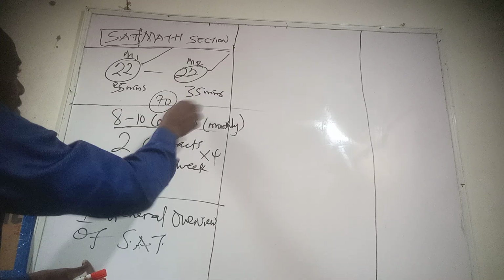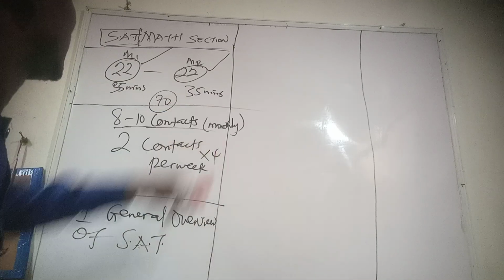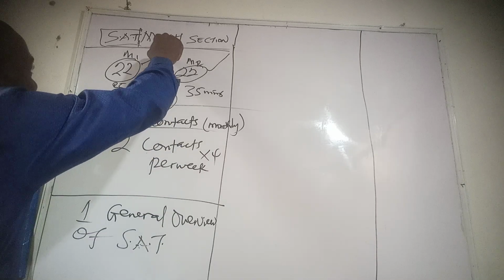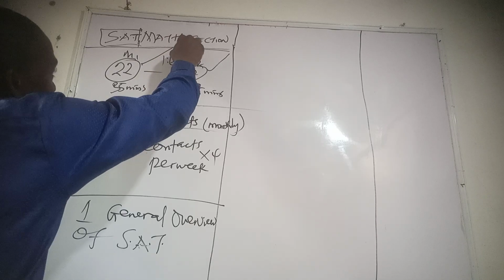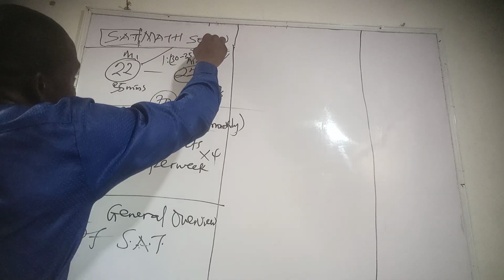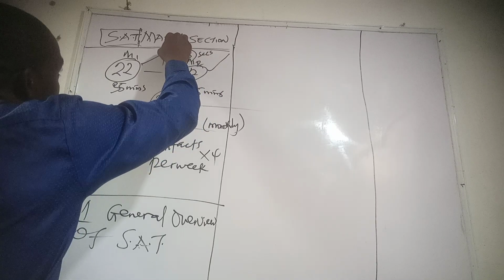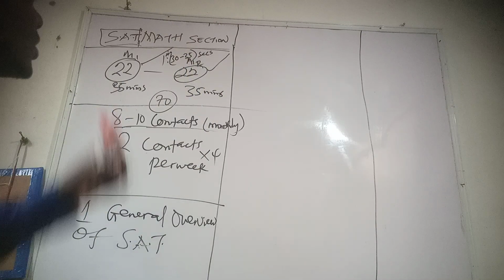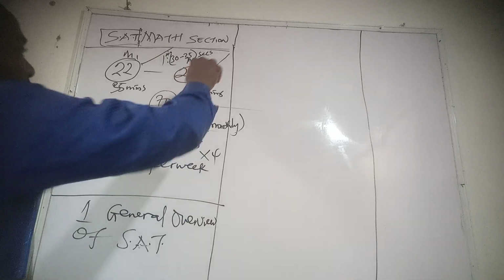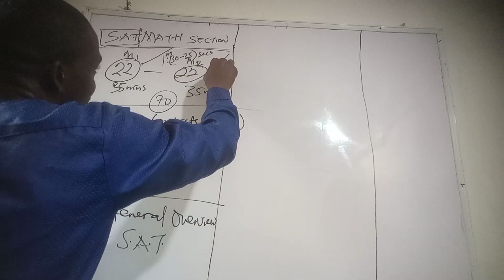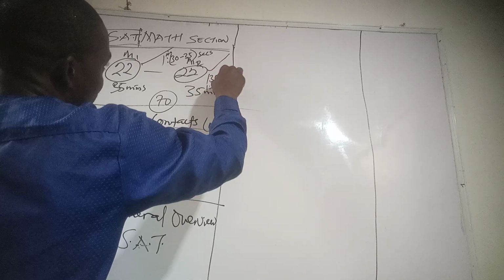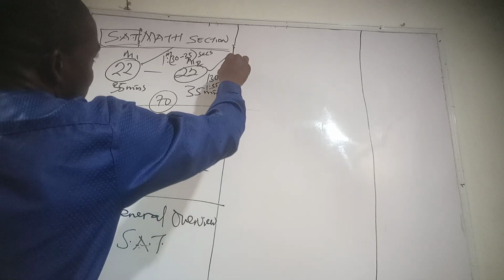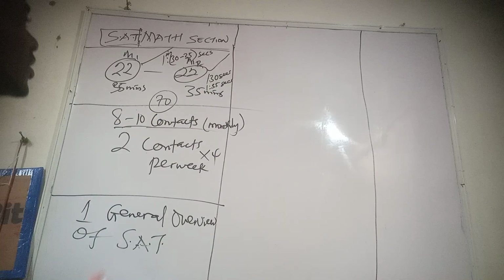Per question, you are expected to spend 1 minute 30 to 35 seconds. So 1 minute 35 seconds. If you spend above this, at the end of the day you may be surcharging yourself per 22 questions in the mathematics section.